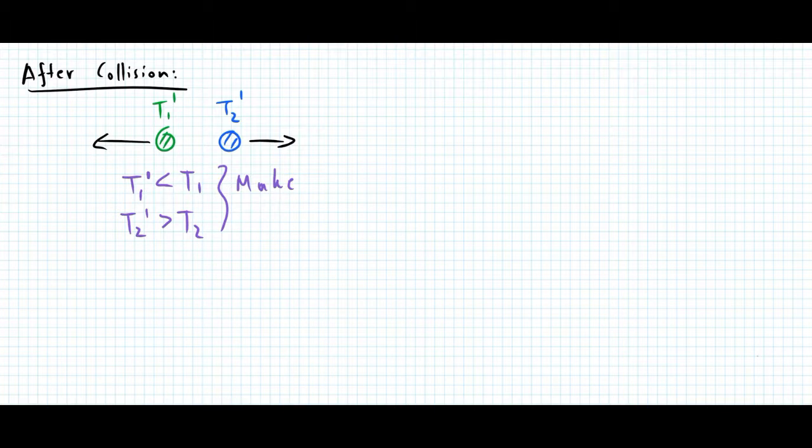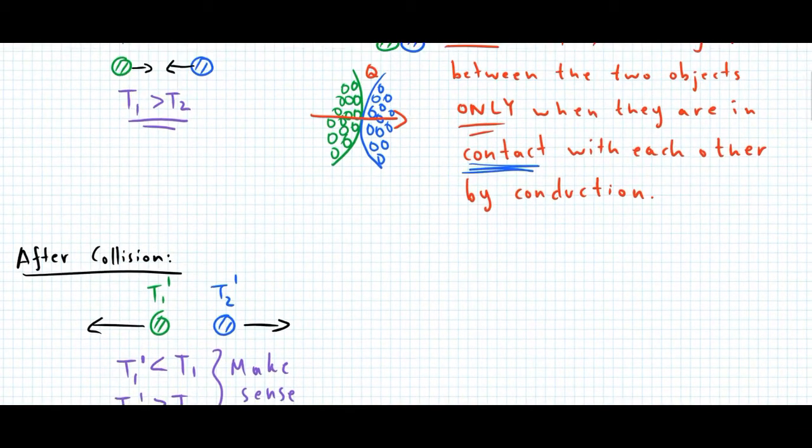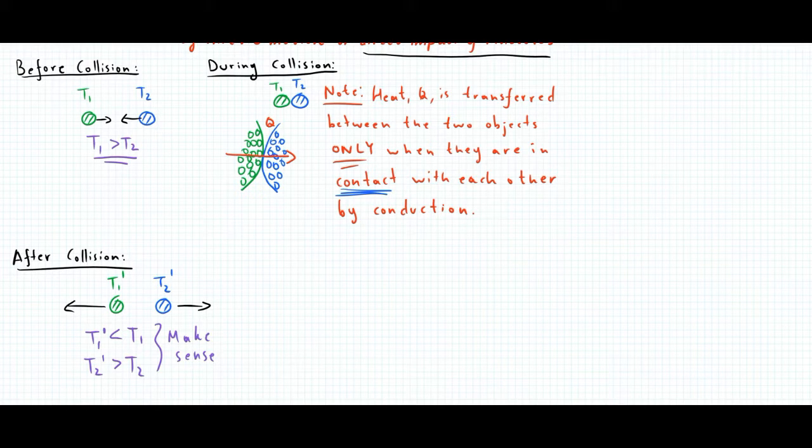This makes sense according to our definition of conduction, because if the green ball was the region of high temperature and the blue ball was the region of lower temperature, it makes sense that the new temperature of the green ball will be less than its original temperature. Likewise, if the blue ball is the region of low temperature and it's the one gaining heat, then it makes sense that the new temperature of the blue ball is greater than it was before the collision.